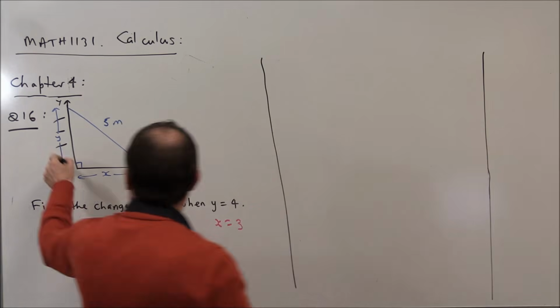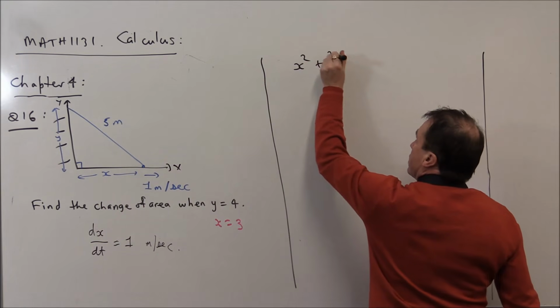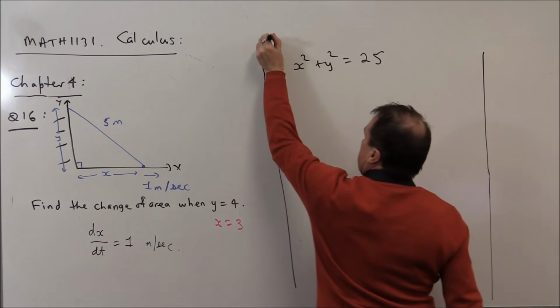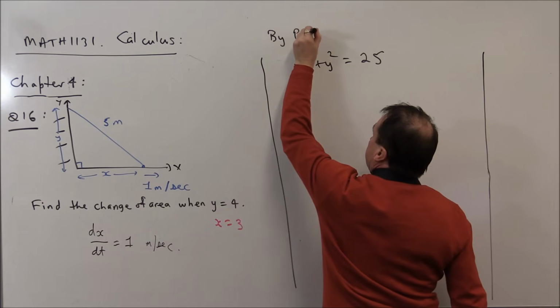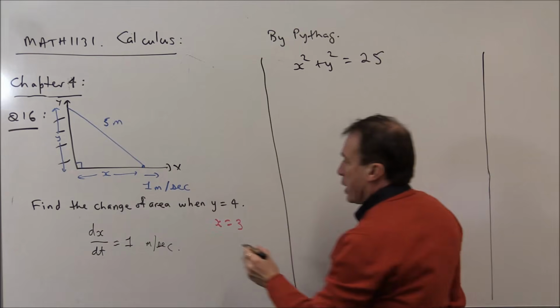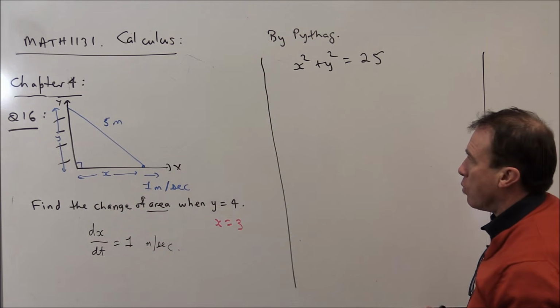Also, I can write down Pythagoras' theorem. So I'm just brainstorming this at the moment and writing down all the information I can. And we're interested in the rate of change of the area when y is 4.